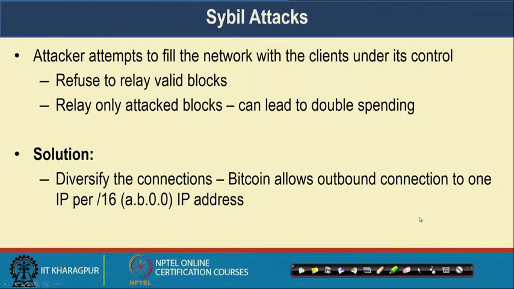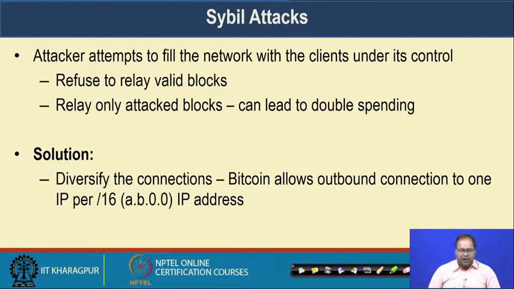Well, there can be certain types of attacks which can happen on a proof of work based system, and one popular attack that people try to perform is the Sybil attack. In a Sybil attack, the attacker attempts to fill the network with clients under his control. If the attacker can fill the network with clients under his control, then the attacker can get a monopoly over the network, and these clients can do different kinds of actions based on instructions from the attacker.